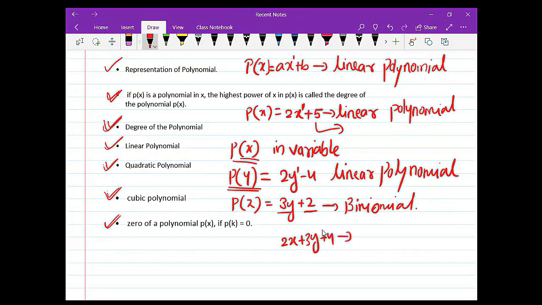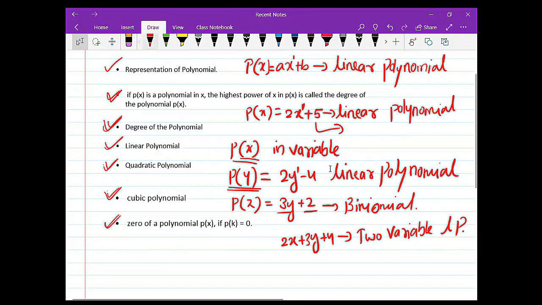This is a two-variable linear polynomial. Our discussion is restricted to the linear polynomial and quadratic polynomial in the syllabus.